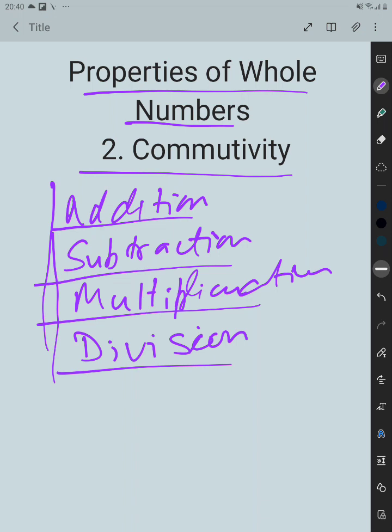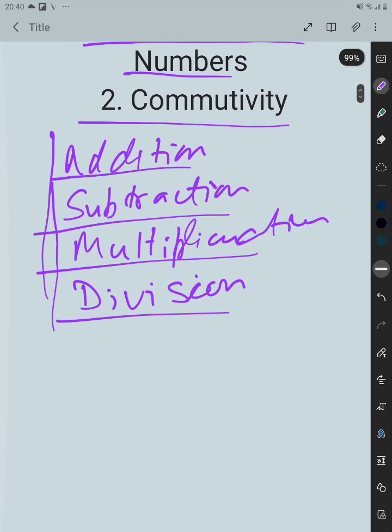For commutativity, we need to see what happens if the whole numbers are interchanged, meaning their places before and after the operation are interchanged. You will understand when we explain how this affects the result.